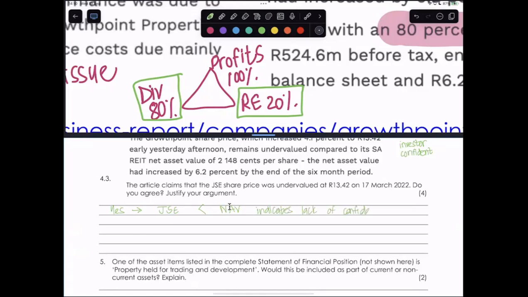It indicates that the shares are bought and sold for less than what they are worth on the statement of financial position.